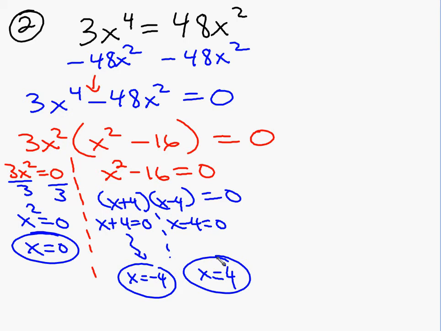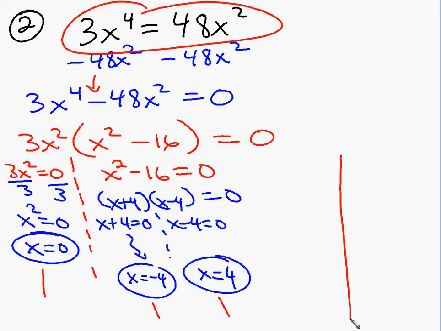I want you to keep in mind the graphical meaning of those solutions. Okay? The fact that I have 1, 2, 3 solutions means that the graph of this thing, whatever this function is, would hit the x-axis in 1, 2, 3 places.